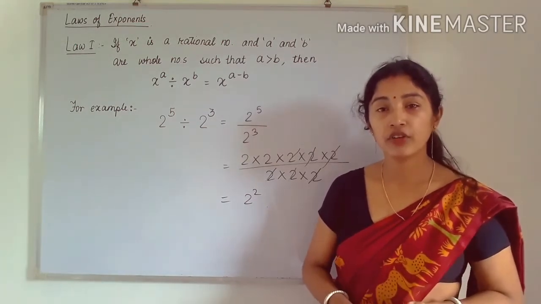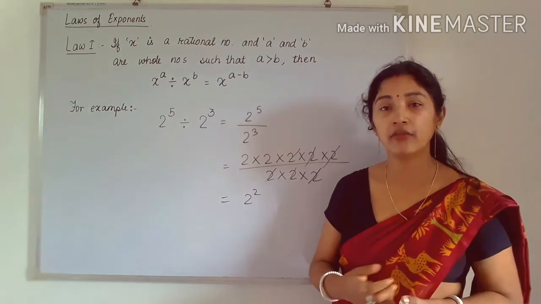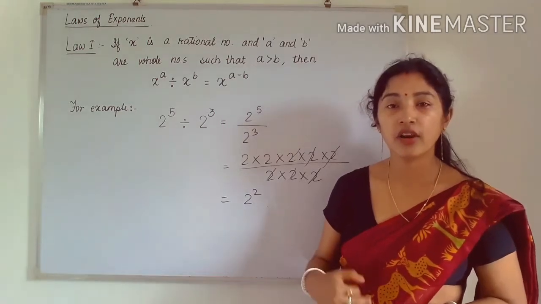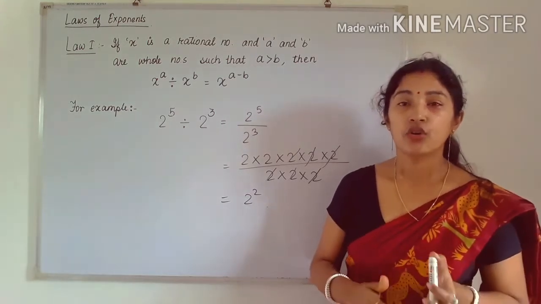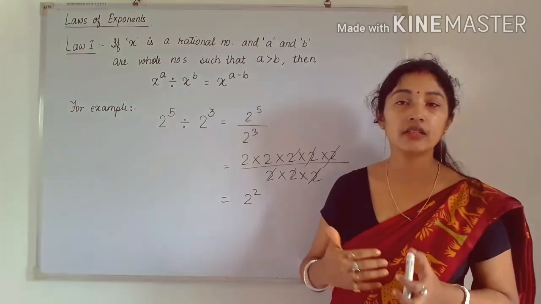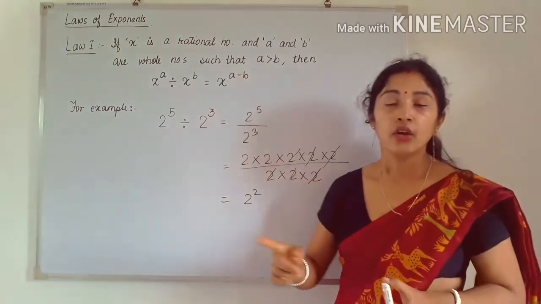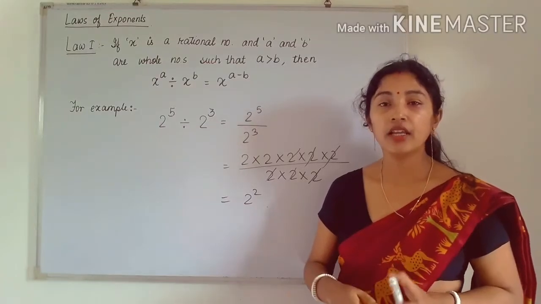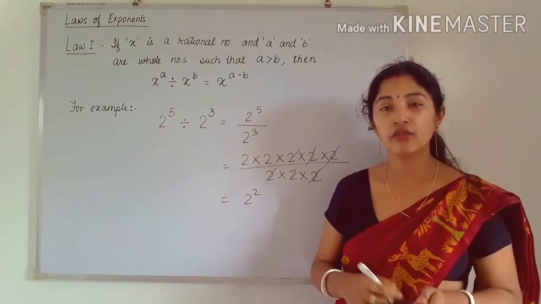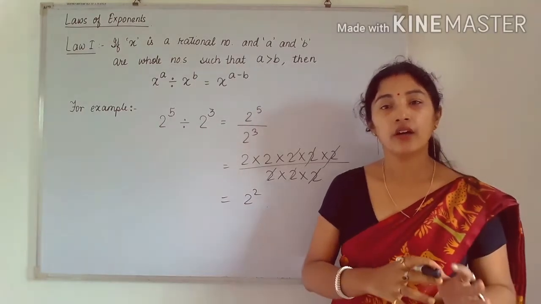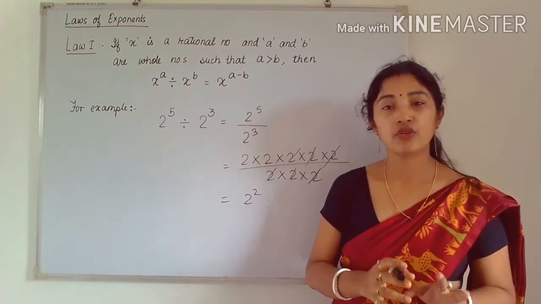But when we do division or subtraction, we get a smaller number than the previous one. So when we are doing division, we use subtraction because they do the same thing. Similarly, when we are doing multiplication, the powers should be added.